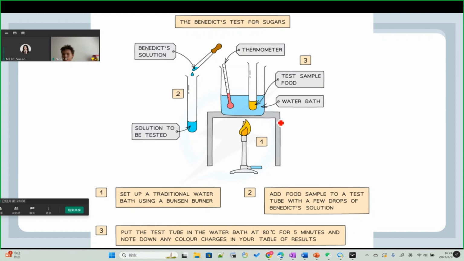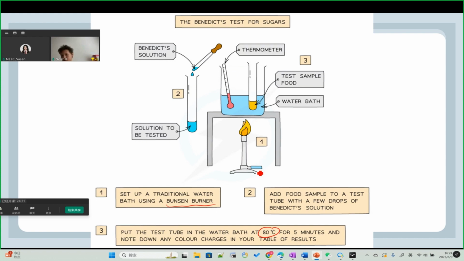After some time, you'll observe a color change in your test tube, so you can tell whether the sugar is present or not. For the water bath, we mainly use a Bunsen burner to heat it up, and to make sure the temperature is kept around 80 degrees Celsius.